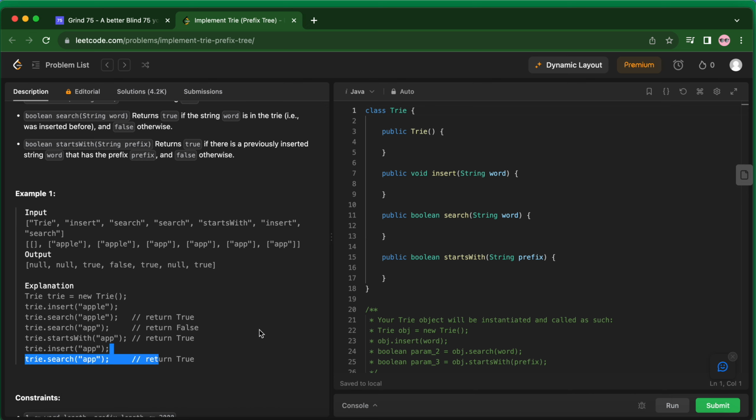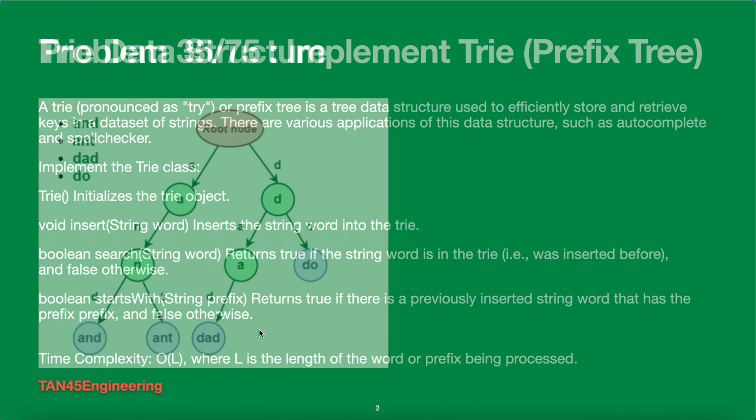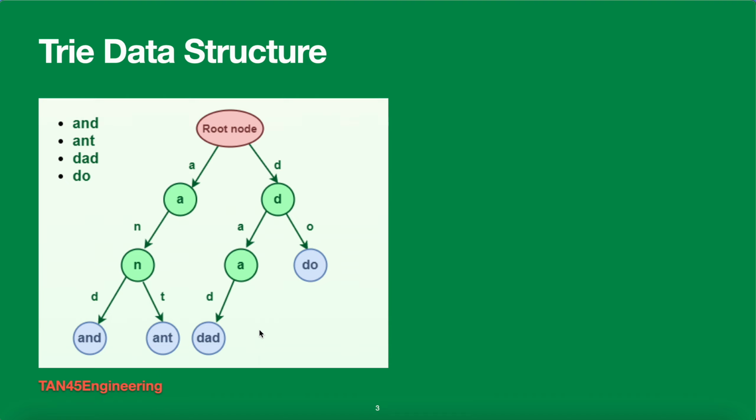Now, before moving forward, let me show you what the trie data structure looks like and how we generally use it. You can see we have a few words: and, dad, do. This is the starting point for everything. We have A, N, D, and.